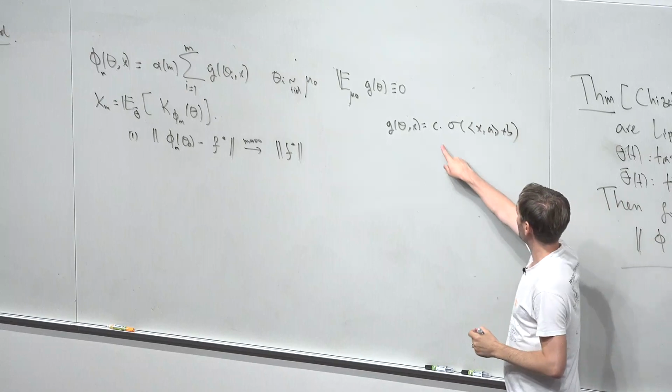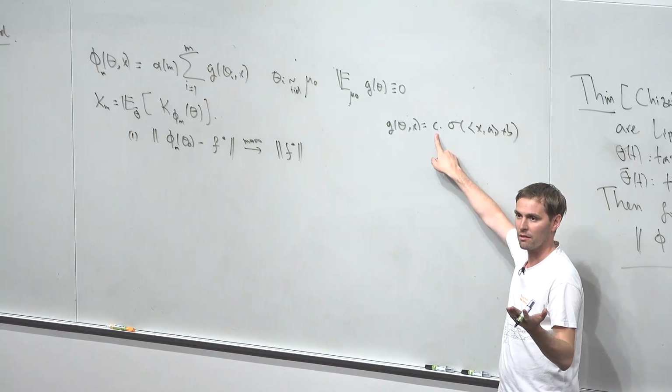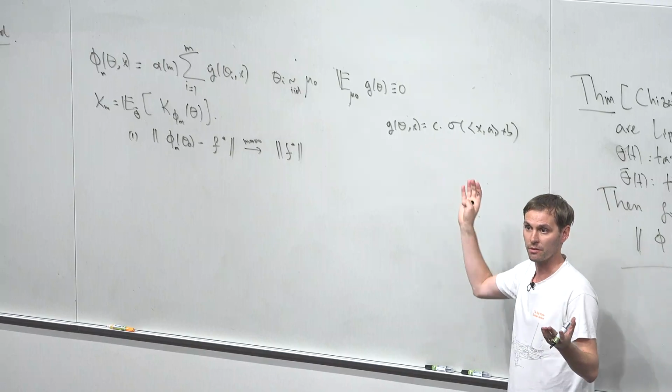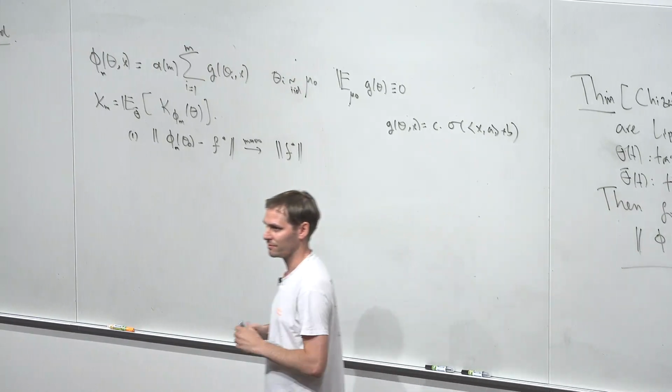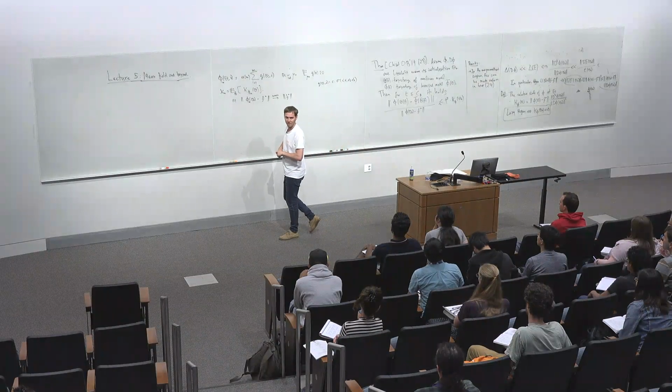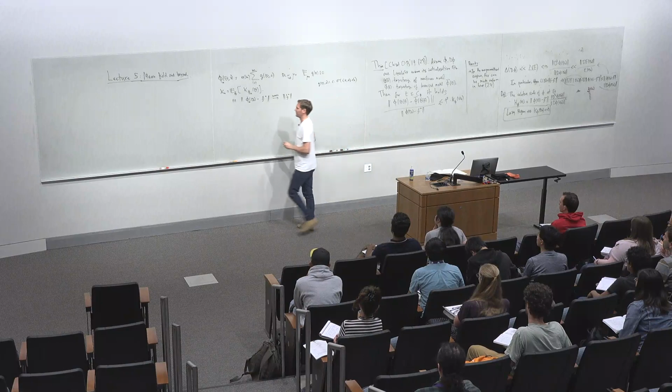As soon as this output weight is initialized with a zero mean variable, this in expectation is zero, it's a zero function. Now you need the alphas to go to zero faster than 1 over square root m, right? Yeah, that's what you will say. Yes, that will be the final conclusion. Yes, in fact.